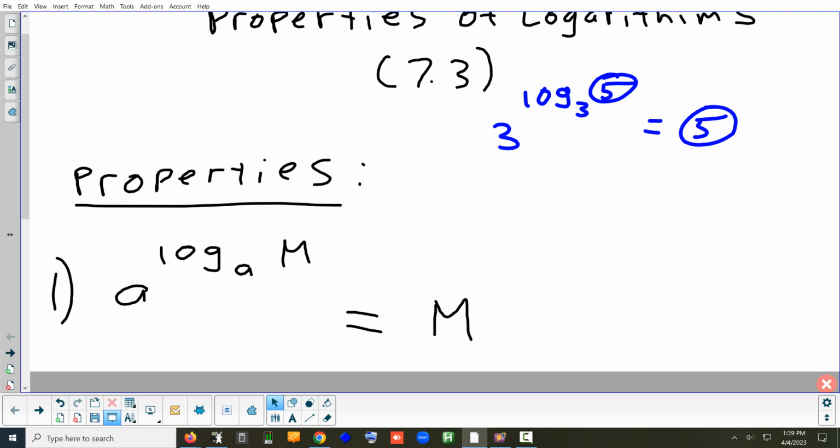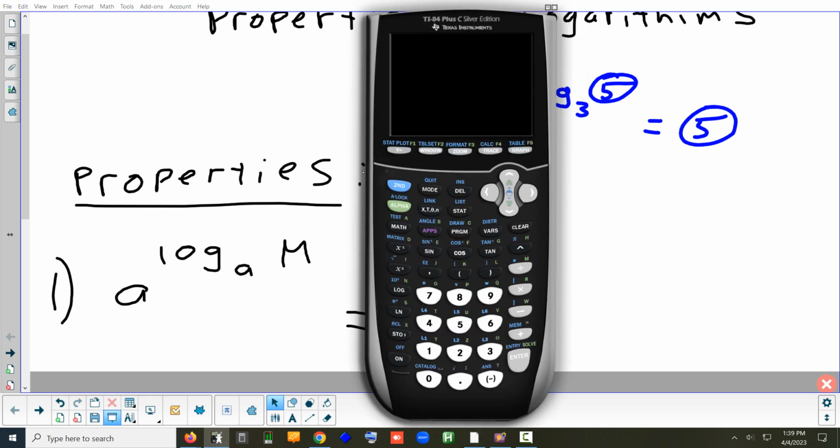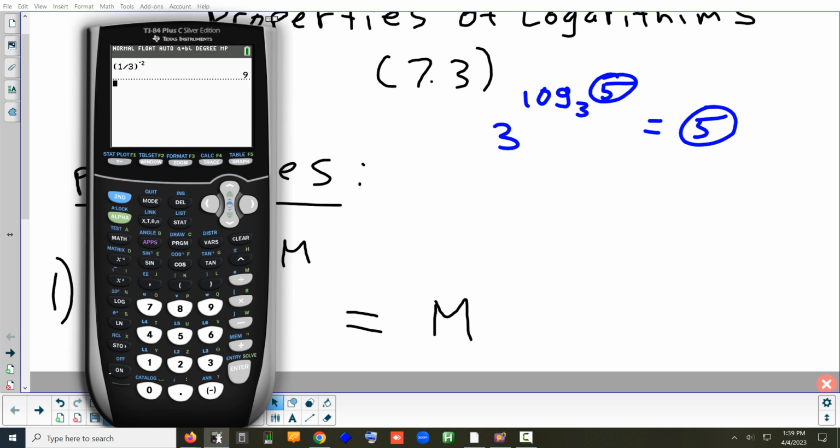It's a special pattern. Now, if these numbers are different, then it doesn't work. This pattern doesn't work. Let me show you how that would look on the calculator. Let's take 3, raise it to log. I can't do it like that. I have to do alpha f2.